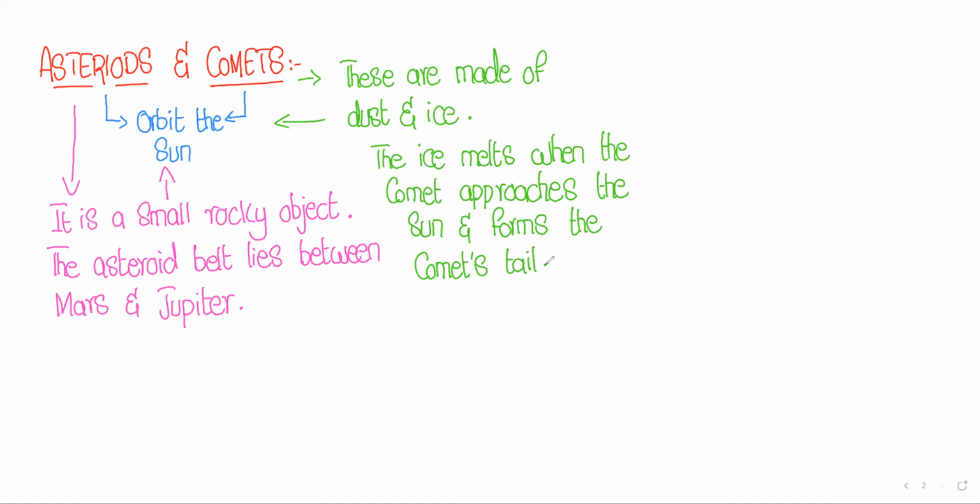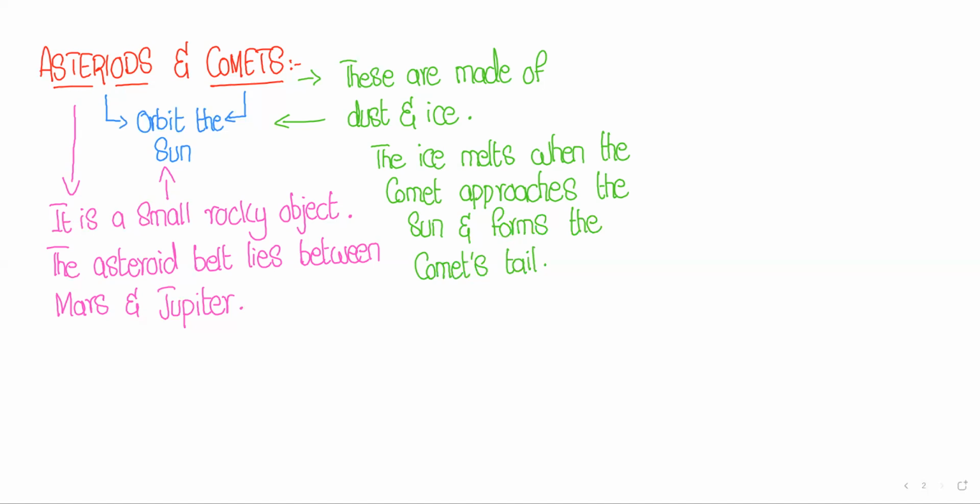So we often observe in movies and movie clips a comet moving from one point to another in space, and most people say that a star is falling from space to the earth. That was not a star, that was a comet, because when a comet is moving towards the sun, there is dust and ice material, and the ice will start melting, and that will form a tail moving with the comet.